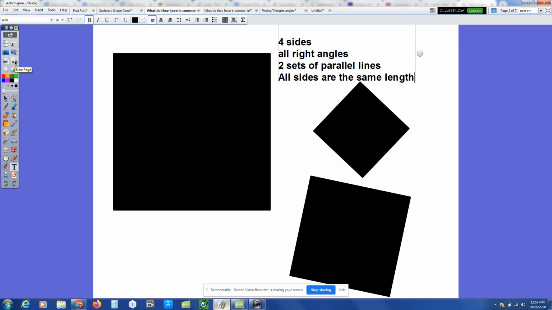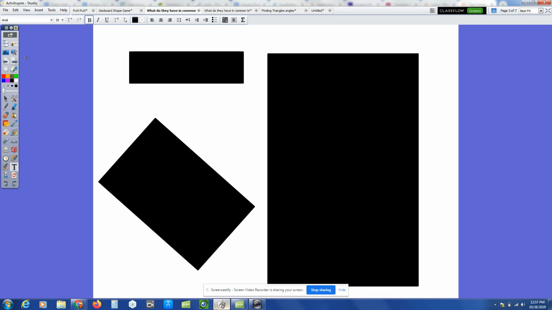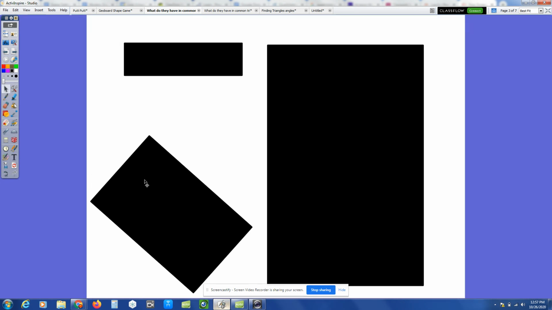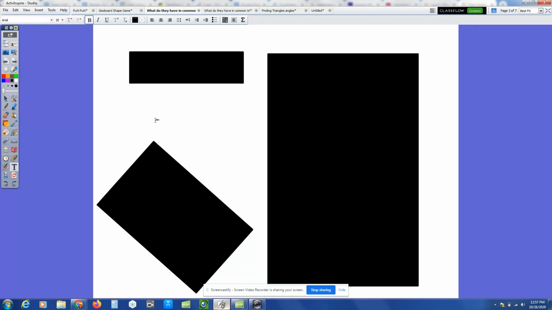All right, here's the next group of shapes I want you to look at. Okay, what do these three shapes have in common? They have four sides. They have all right angles.